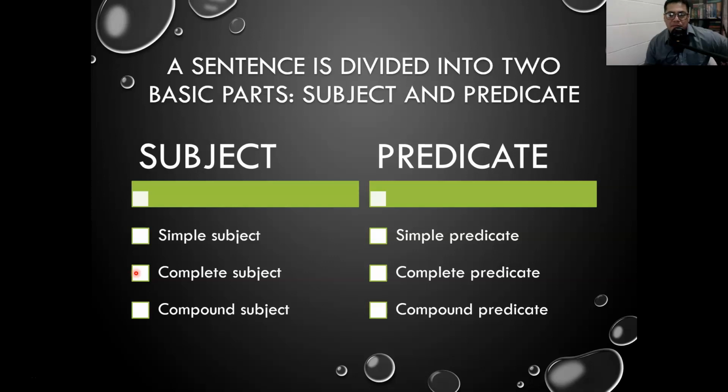Okay, and what is a compound subject? Okay, so good that you ask. See, a compound subject happens when we have more than one simple subject. What, is that possible? Yes, because can more than one person do an action? Yes, of course, more than one person can do an action.